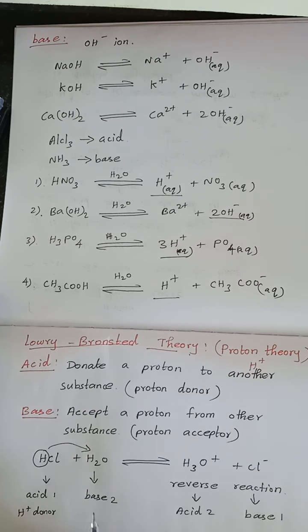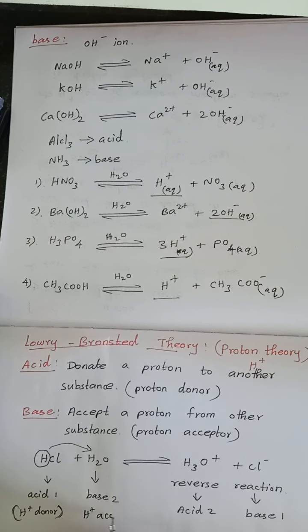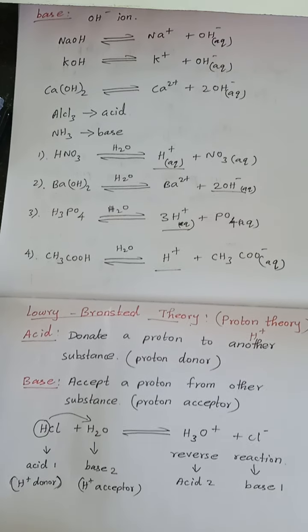Then the base 2 in the reaction is converted into base 1, Cl minus, where one chlorine atom is present. So acid is proton donor, and base is proton acceptor.